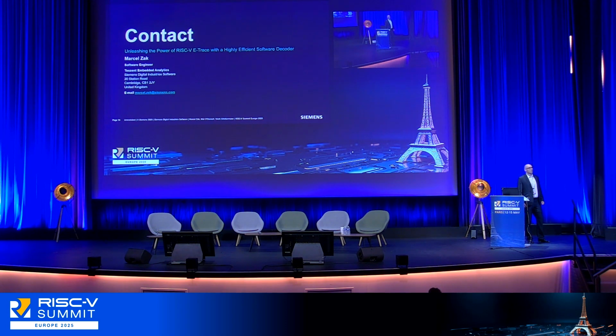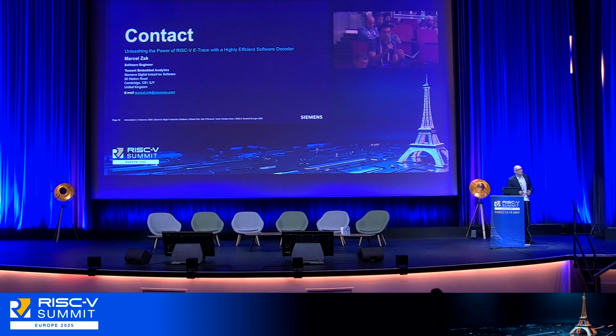I was wondering if you were taking into account the frequency of occurrence of the instructions while doing the decoding. Excuse me, can you please repeat the question? Yes, sure. Do you take into account the frequency of occurrence of the instructions when you build your decoder in order to speed up decoding?